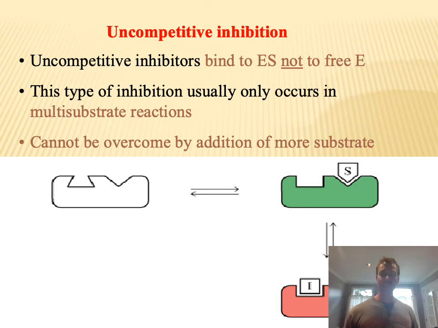The difference between uncompetitive and non-competitive inhibitors is that uncompetitive can only bind to the enzyme substrate complex, so it needs the substrate to be there as part of the enzyme. You usually see this in multi-substrate reactions. And like non-competitive inhibition, you can't overcome this just by adding more substrate, because the inhibitor is at a different site on the enzyme.